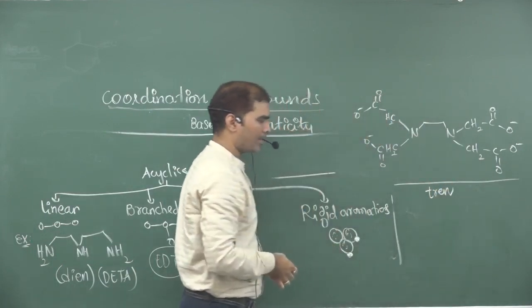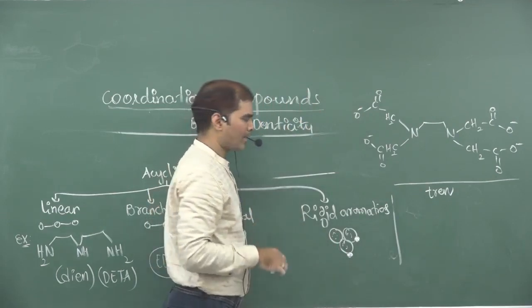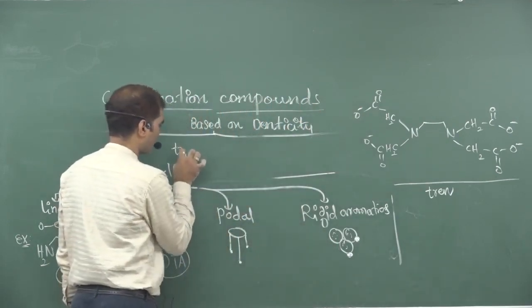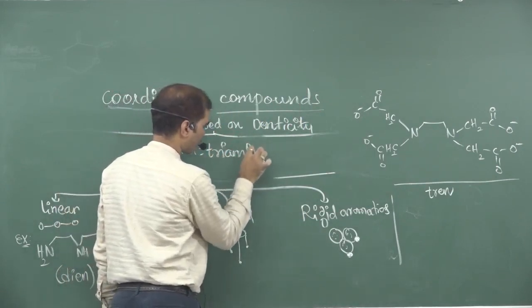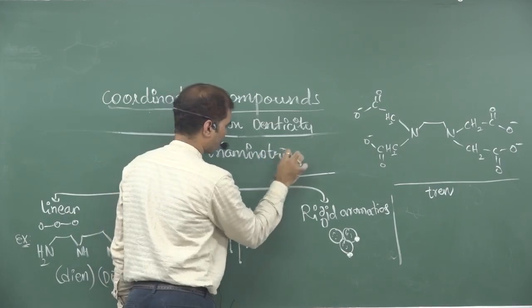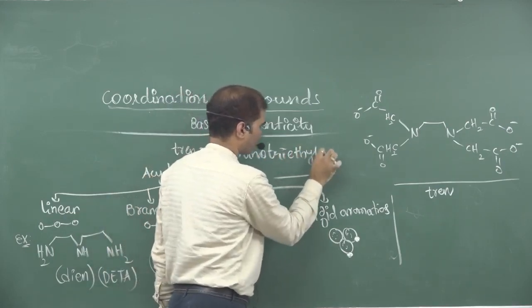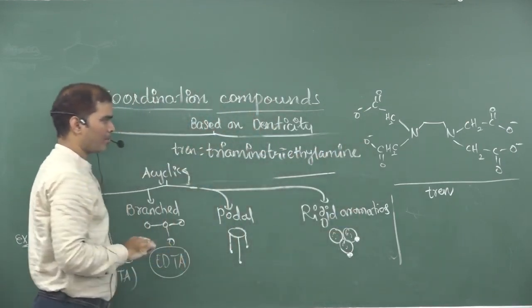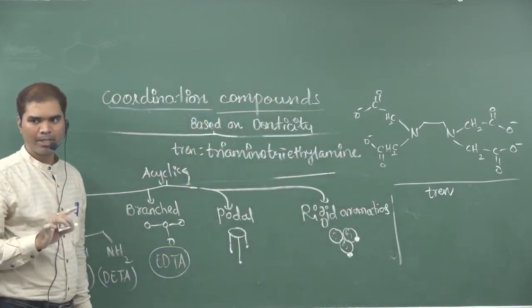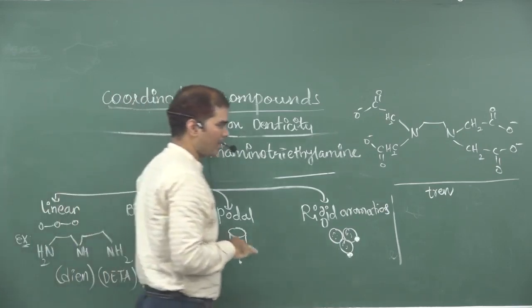For podal, I am drawing the example for podal. Write down the ligand as tren, T-R-E-N. Tren means triamino triethyl amine.